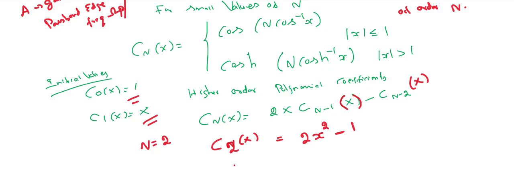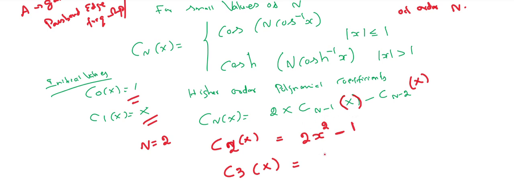Similarly, if you want to find C3 of x, you substitute C3 minus 1, that is C2 of x, into this one, into x.